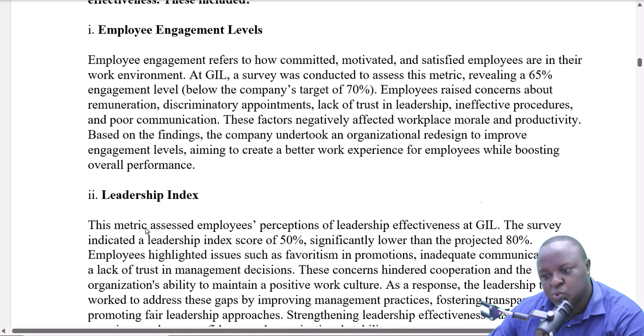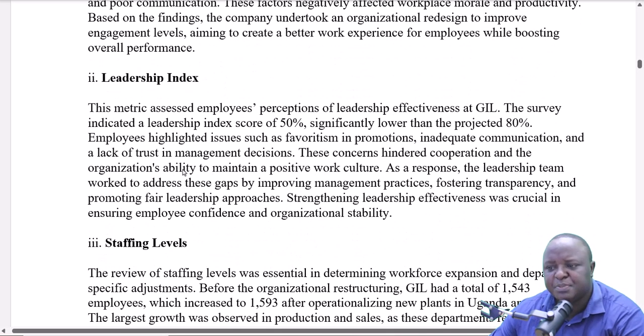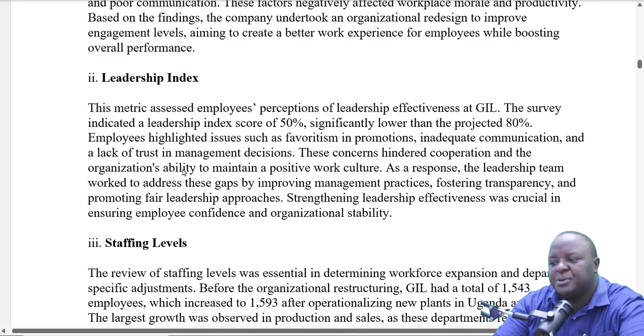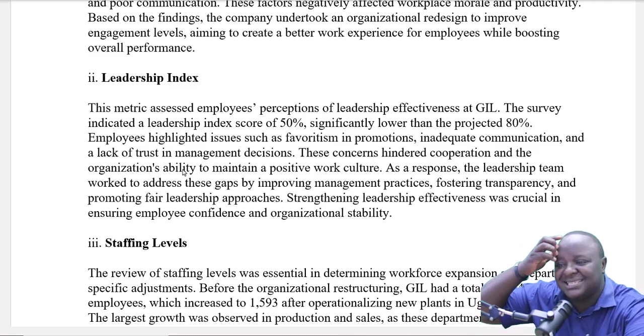Metric number 2 is the leadership index. This metric assessed the employees' perception of leadership effectiveness at GIL. The survey indicated that the leadership index score of 50% was significantly lower than the projected 80%.